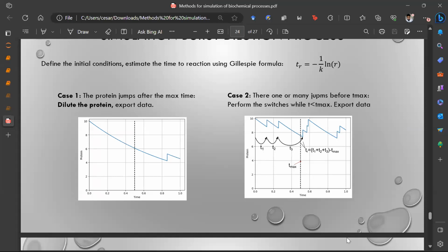That means that before the reaction, I had this time to reaction. Now, after exporting, I have this one for the next iteration, because a time of Tmax has already passed.